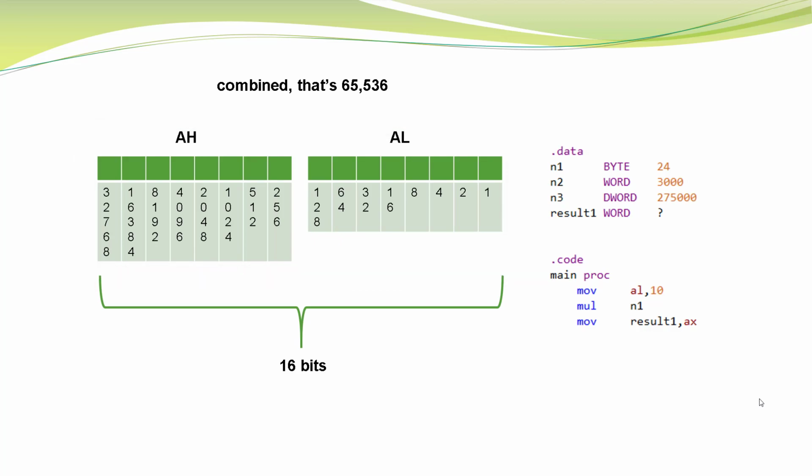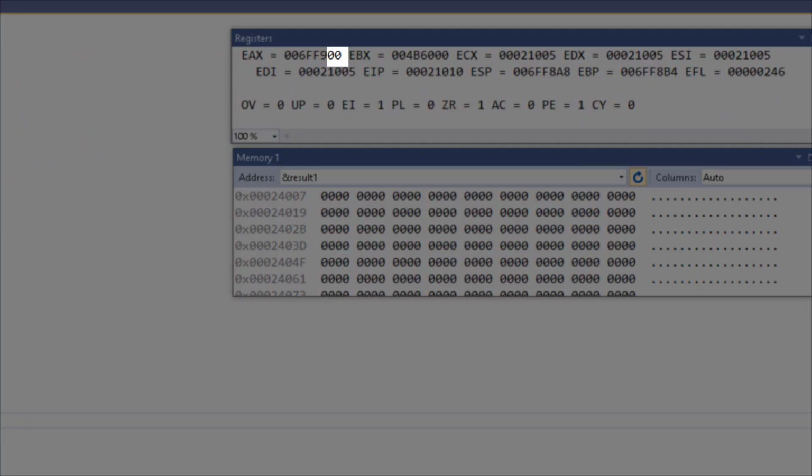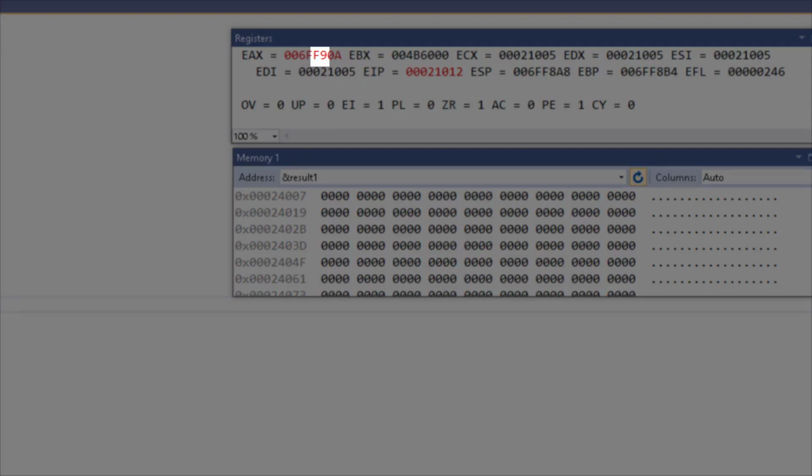Let's take a look at Visual Studio. Look what the AL register currently has in it, 0. When I load 10 into it, you can see just the AL register change. The rest of the EAX register is left alone. Then notice what the AH register has, F9. So then we multiply, and now AL has F0 hex in it, and AH has 0.